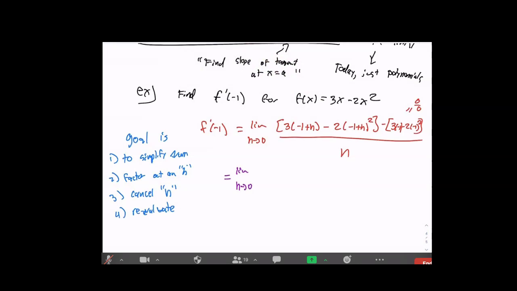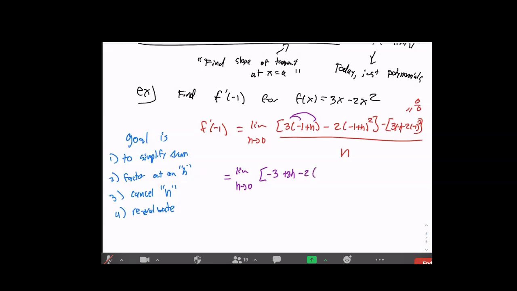There are many ways to clean it up. Like you can keep the brackets if you want to, or you can distribute them out. I'm going to keep the brackets initially. So I get bracket, and I get -3, using the distributive property, plus 3h minus 2 times, and I'm expanding (-1 plus h) times (-1 plus h).